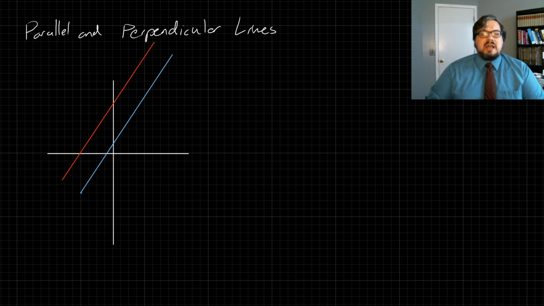Well, if these two lines are parallel to each other, then let's look at what happens when I compare a couple of points that have the same x value on the two lines.